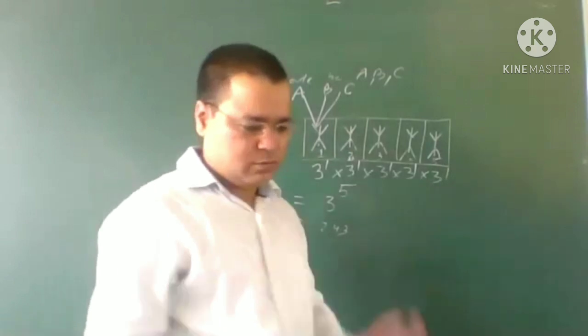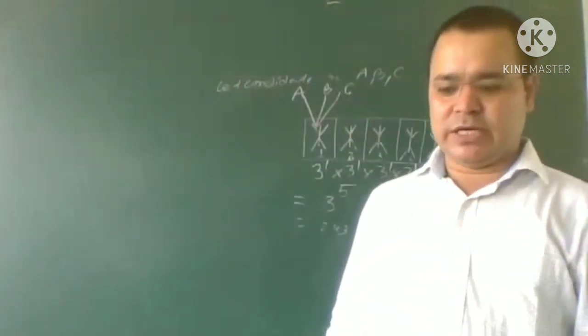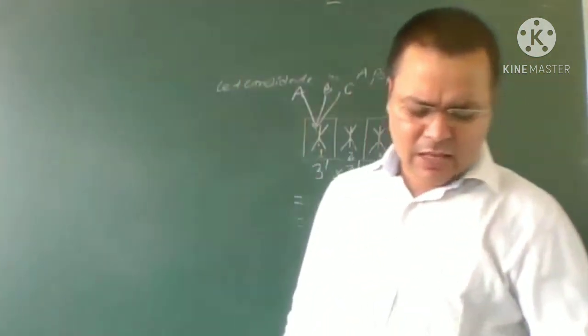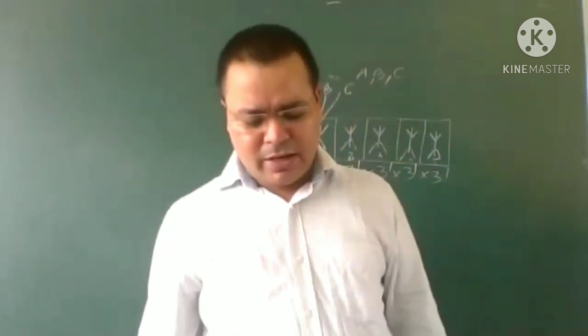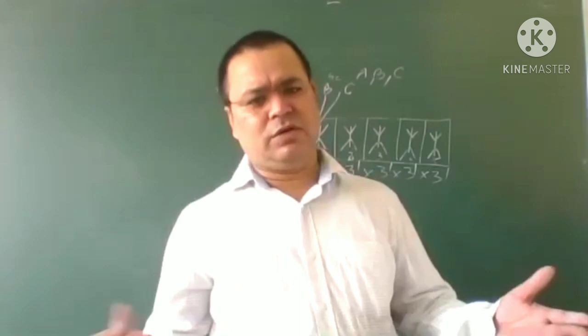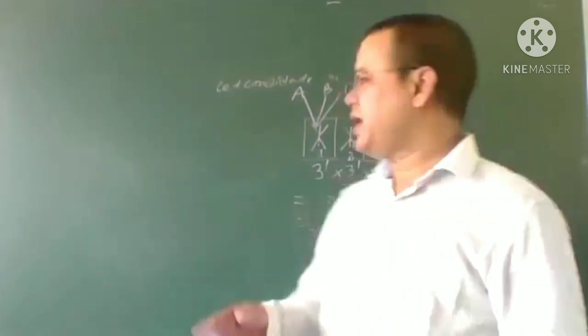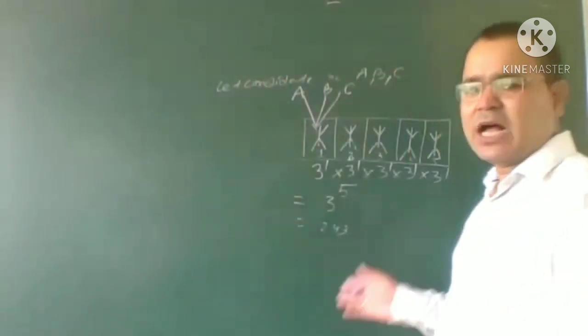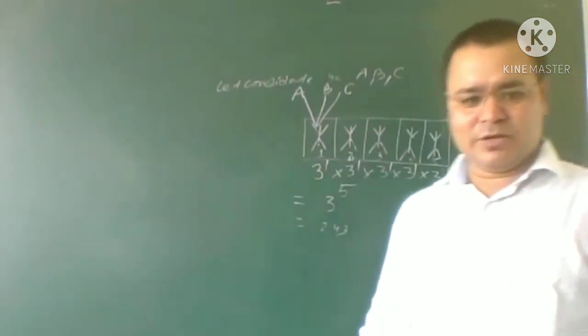Getting? Now, the second part of the question, let us see. Simply you write that the total number of choices will be 3 raised to the power 5. Only this much. This is the answer. Here I am writing all these lines only to make you understand.